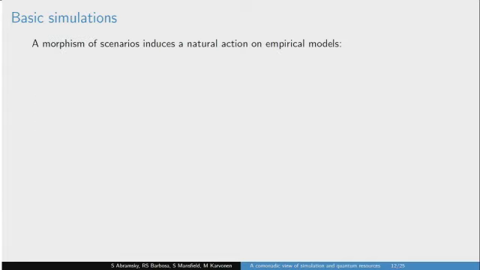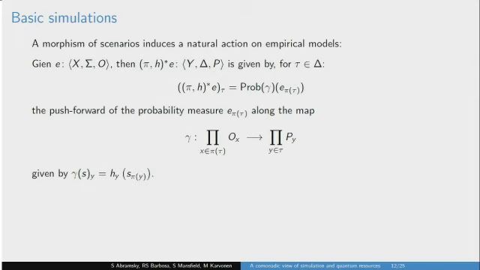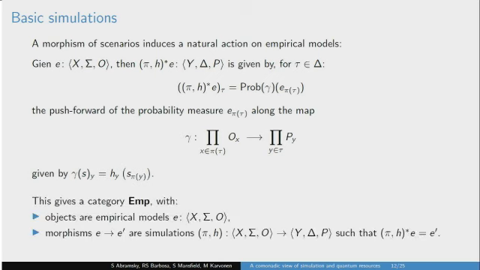And now you can calculate and show that if you have a morphism of these scenarios, any statistics or any empirical model you have here will induce statistics on the other side. It's sort of the obvious thing. You just see what outcomes you observe with what probabilities if you see the original thing.